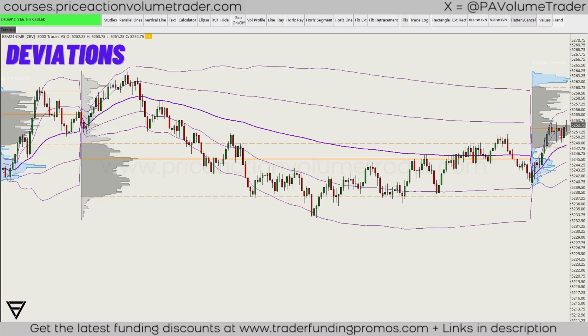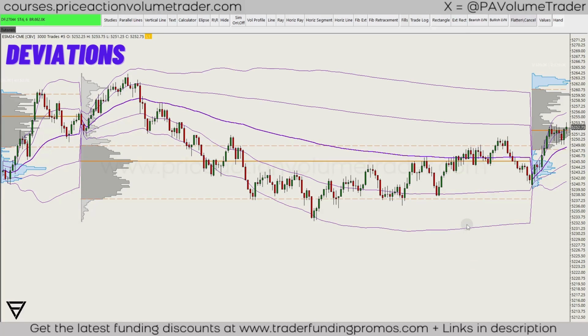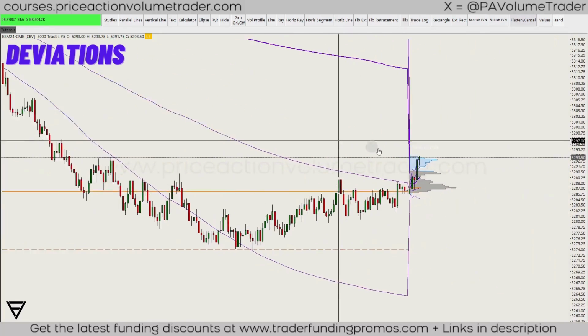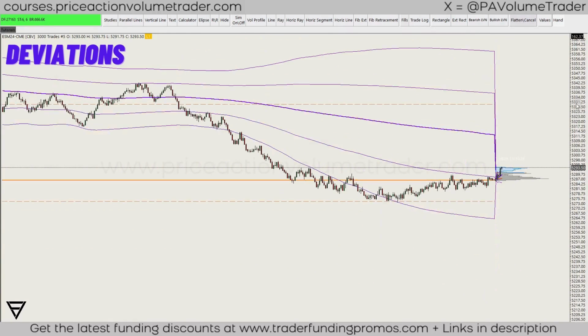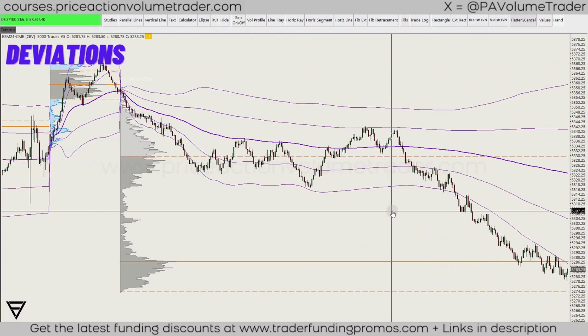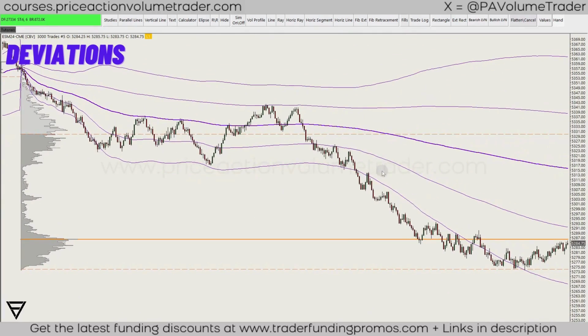Okay, so again, the deviations are not something that I always have activated, but if I have a very strong trend day, then I like to check the deviations just to help guide me in terms of following the trend.